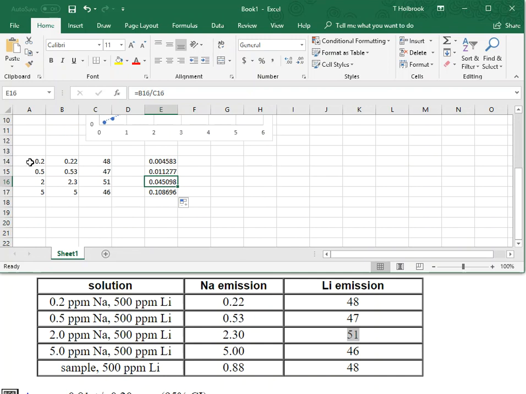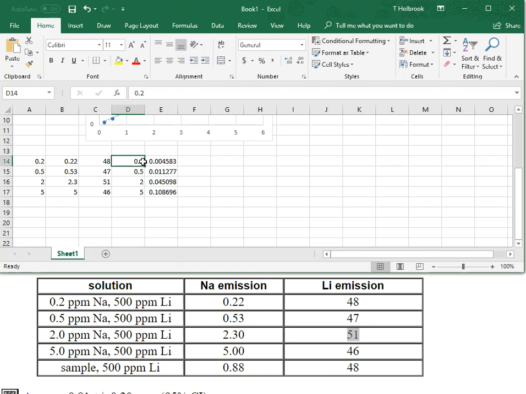All right, so I've plotted now the concentration as well as the ratio. I normally do not like to split the cells, I just get a little weirded out about it, so I'm going to type in the concentrations again, and this time we're going to plot another calibration curve.